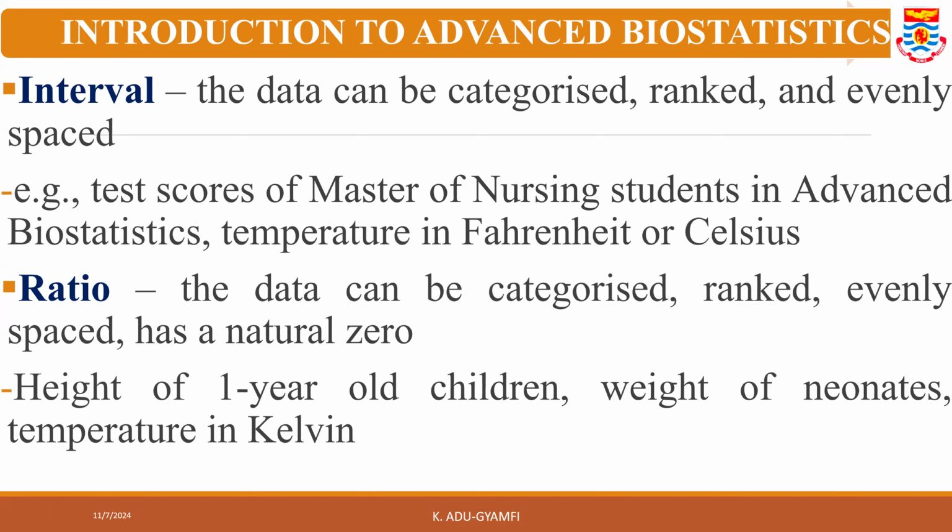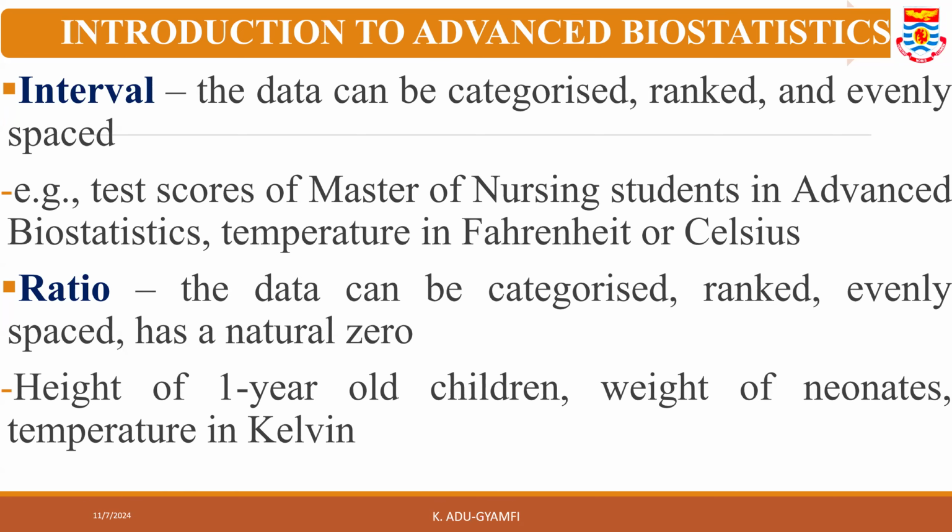So the data can be categorized, ranked, and evenly spaced. An example is your test scores. If I conduct a quiz in advanced biostatistics, what you score can be considered as an interval. The temperature in either the Fahrenheit scale or the Celsius scale can be considered too.